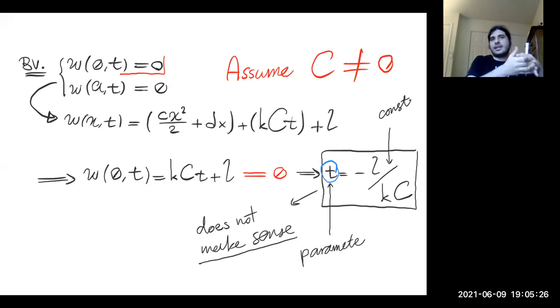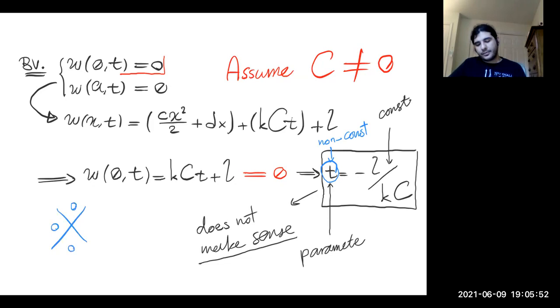It's not a constant. It can be 0, 1, 2, 3, 2.5, whatever. That just shows time at different times. Whereas the right-hand side is constant. So the left-hand side is non-constant. Of course, it changes. The right-hand side is constant. They can't be equal. So that's a paradox. That's not possible. So we get to a contradiction.